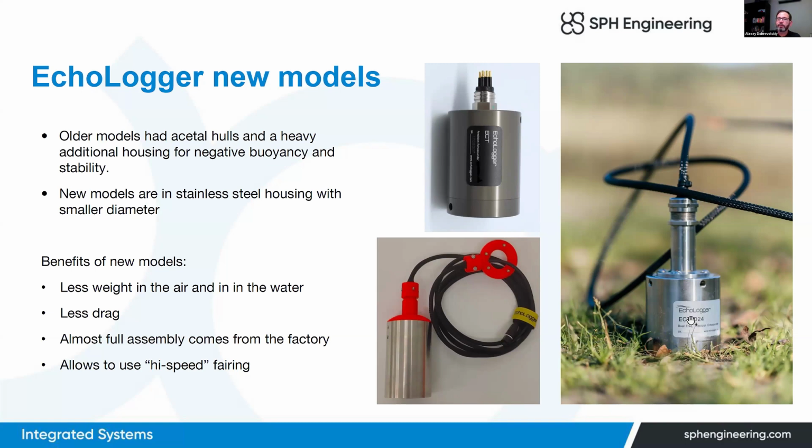Another benefit for us, especially for SPH Engineering, is that we are getting an almost ready-to-use echo sounder right from the factory in Korea, from Echologger. The only small item we need to add is a ring for the cable. Everything else we now get from the factory. So I can show you again the newest model.